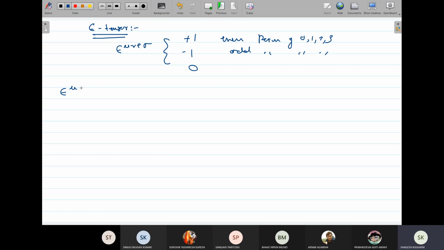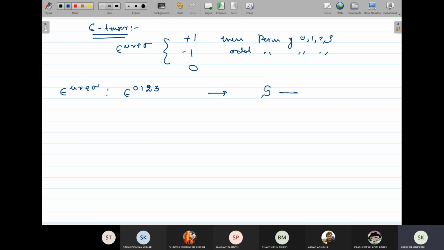Suppose I have epsilon mu nu rho sigma, and I fix the components like this: mu is 0, nu is 1, rho is 2, and sigma is 3. And this is happening in some Lorentz frame S.